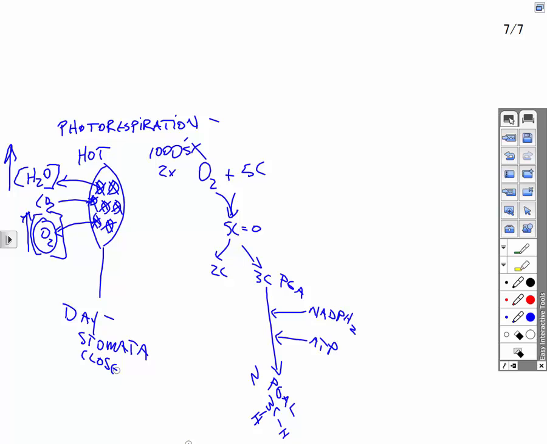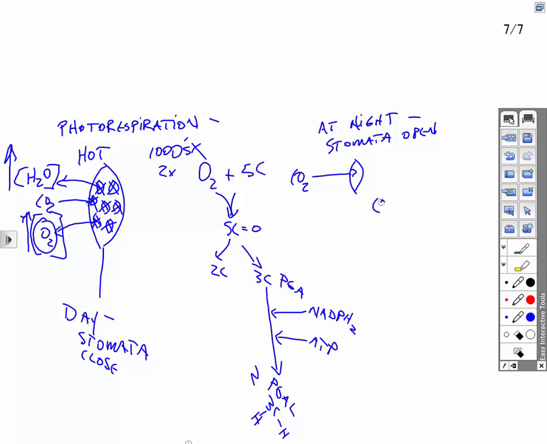But then at night, the stomata open because it gets cooler at night. So then they can get their CO2 in. So now, if your little holes are open, then CO2 can get in.